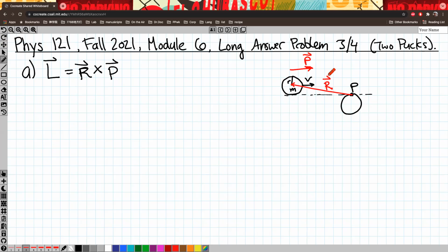Now, before the collision, okay, so when they collide, we will have, so I can draw another version of this where I just have them collided.